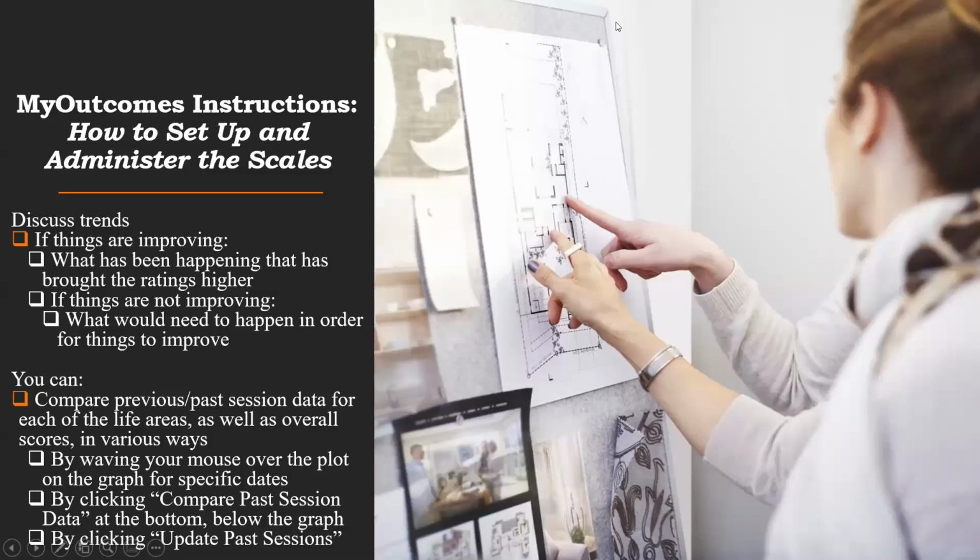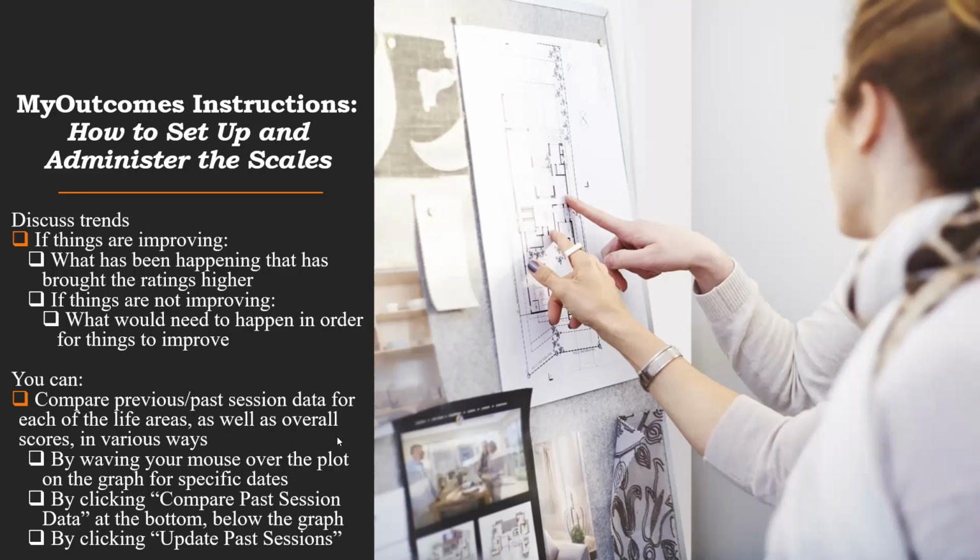So then what we do is we discuss trends. If things are improving, what has been happening that has brought the ratings higher? If things are not improving, what would need to happen in order for things to improve? And then we can compare previous and past session data for each of the life areas, as well as overall scores in various ways.